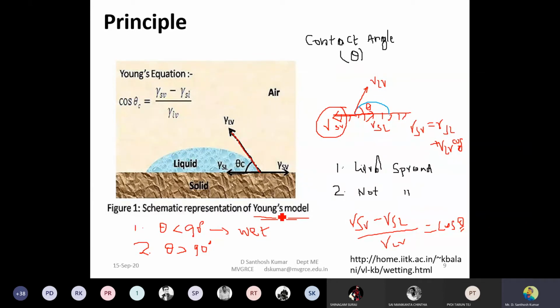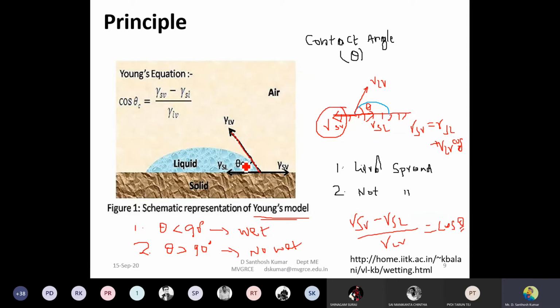It is no wet. So there is no wetting if the contact angle is greater than 90 degrees. So obviously you never get proper results.